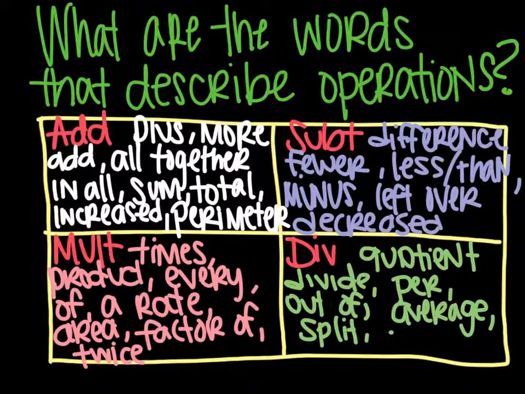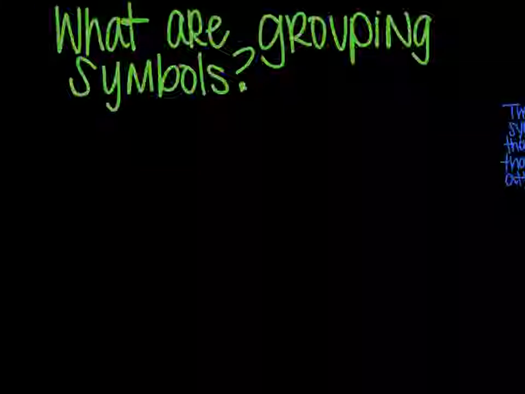It might even say equal pieces, or talking about having equal shares of things, or having to share something along those lines would be division. So these, again, aren't everything, but it is some things for you to remember.